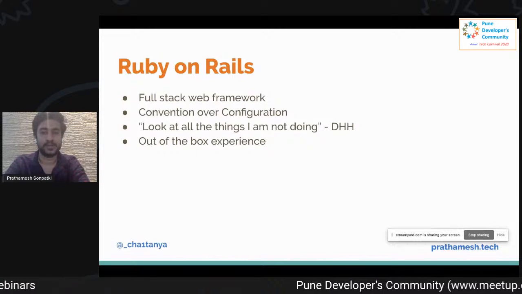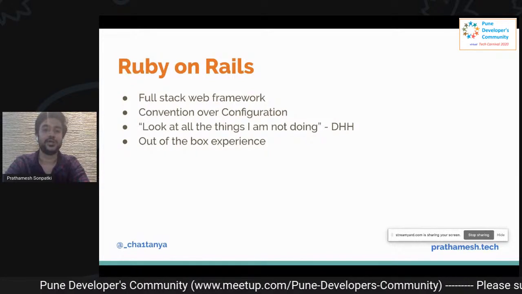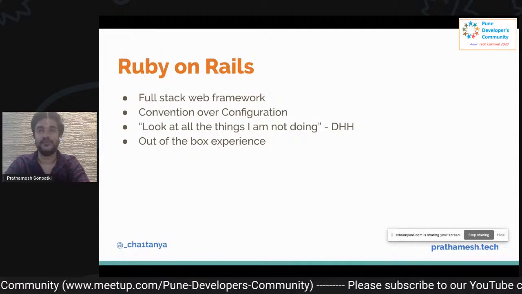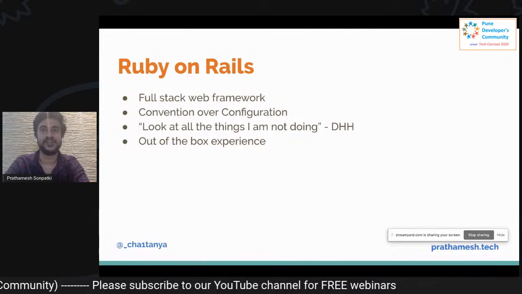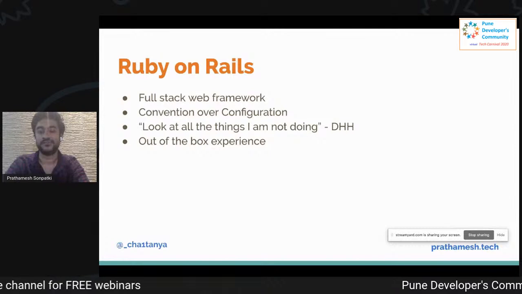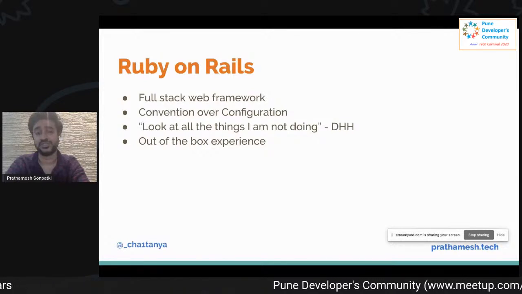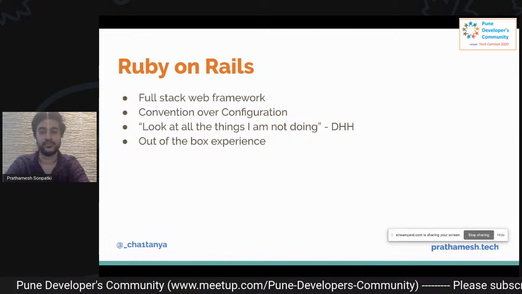And this is the quote by DHH, the author of Ruby on Rails: look at all the things that I'm not doing, right? I'm focusing on my application logic instead of configuring different parameters for a service, or configuring different services or different tools that I'm using. So that is one of the main ideas behind Ruby on Rails.